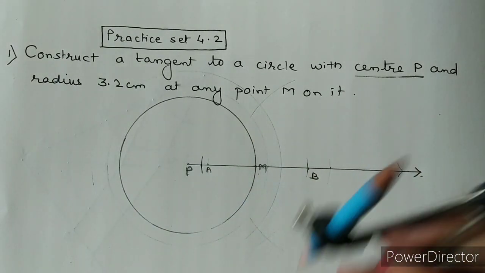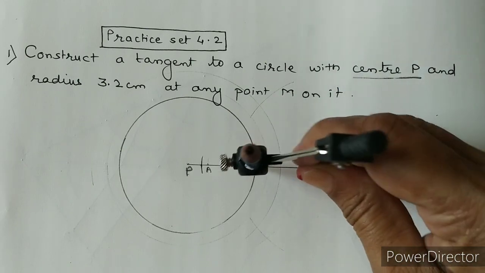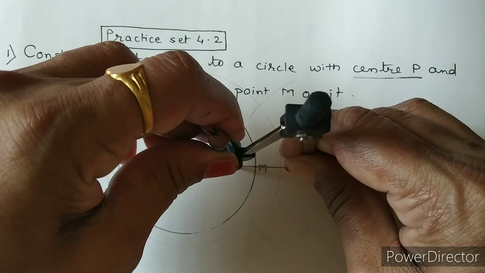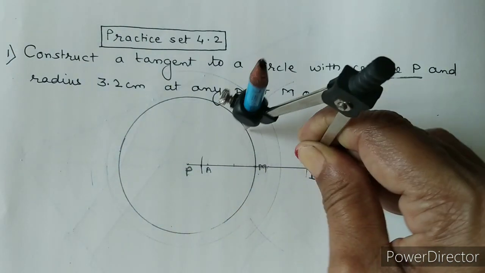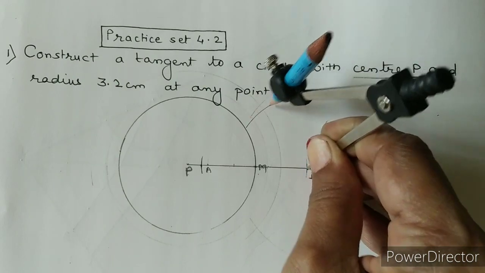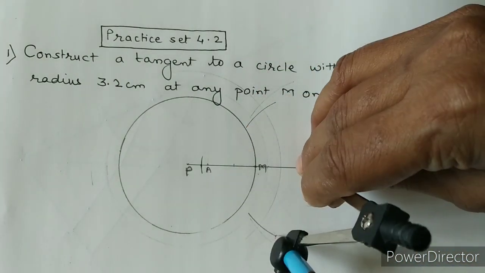Now you will take, this is half of AB. You have to take more than half of this AB. Draw two arcs above AB, below AB.